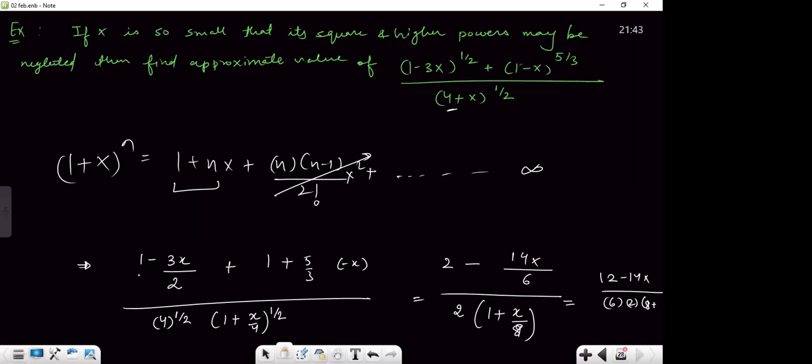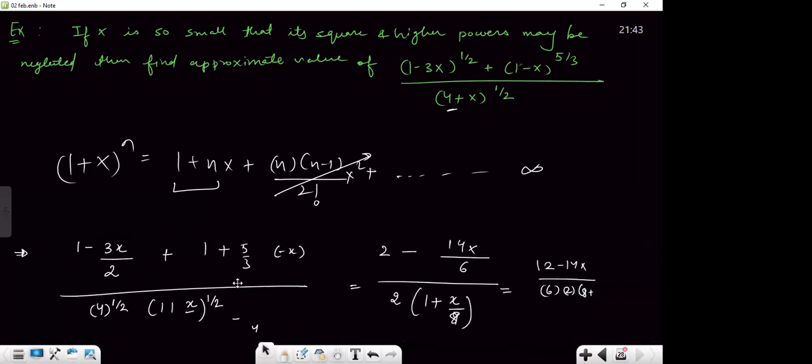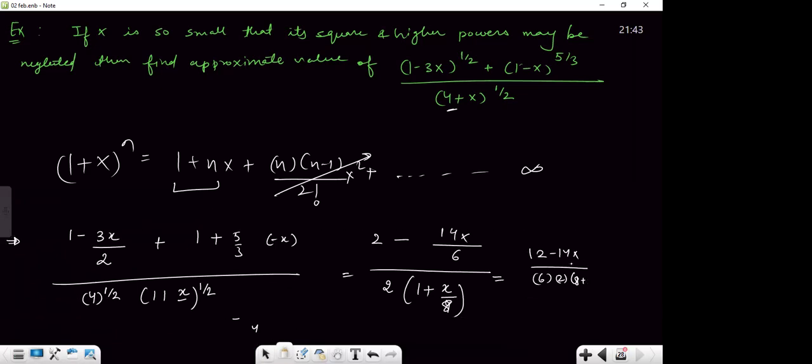Sorry, should I write 8 plus x multiplied with 8 here. 2 cancels 8 by 4, and 6 by 2 becomes 3, 4 by 2 becomes 2. Okay, now this comes out as 12 minus 14x into 2 divided by 3.